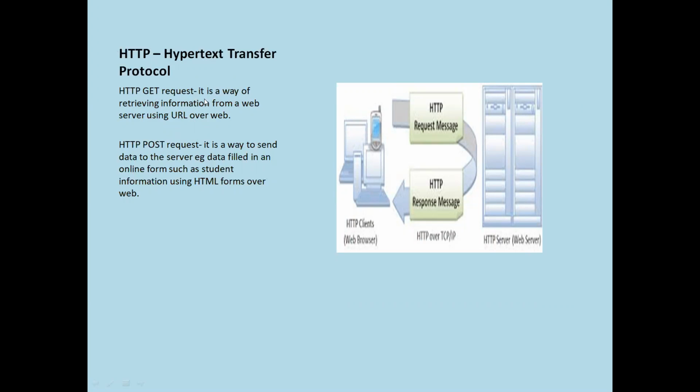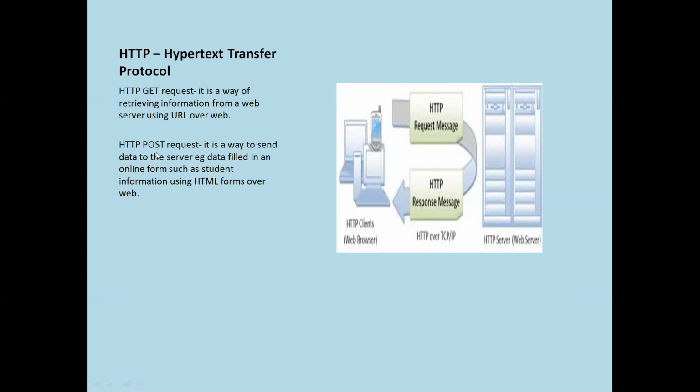The GET request is a way of retrieving information from a web server using a URL over the web. What I just stated regarding www.google.com, that is your URL. Through your URL, you are sending a request to your server, and the server, after processing it, gives you back a response, as shown here diagrammatically. Here you can see the client, which is your browser or computer, sending a request, and after processing, the server sends back the response.